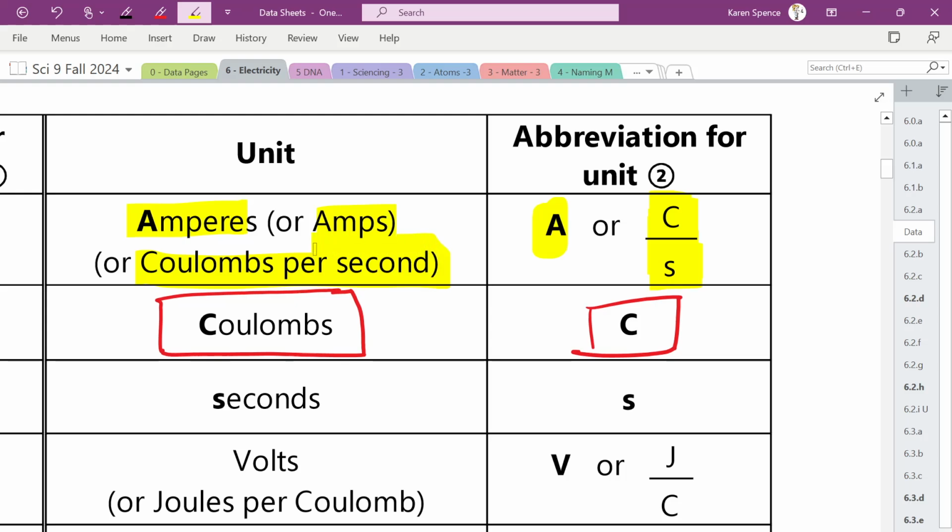Okay, so we will refer back to that as well. Technically, you can give current in units of coulombs per second, but electricity really uses amps most of the time, so I'm going to ask that you try to make sure you change it into amps at the end. Okay?